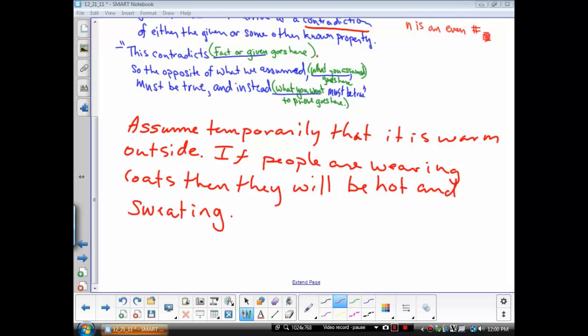So now we're starting this last sentence, which is the conclusion. The given information that people are shivering.